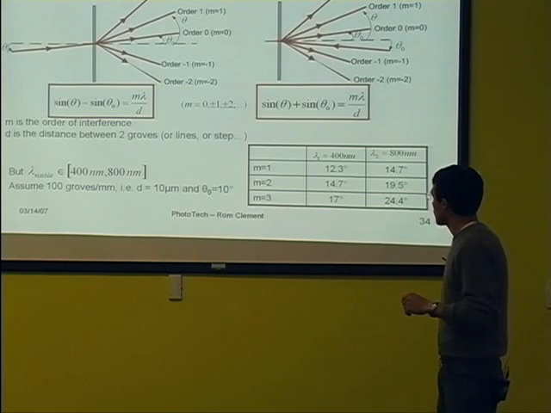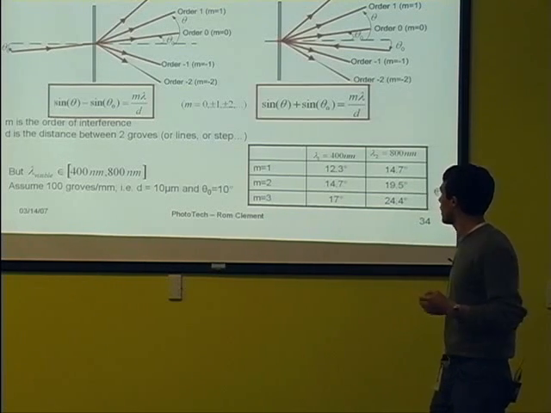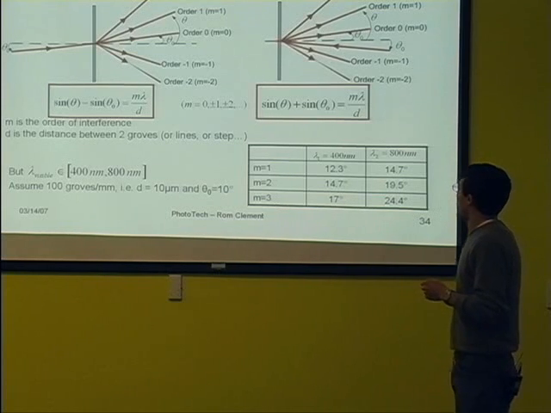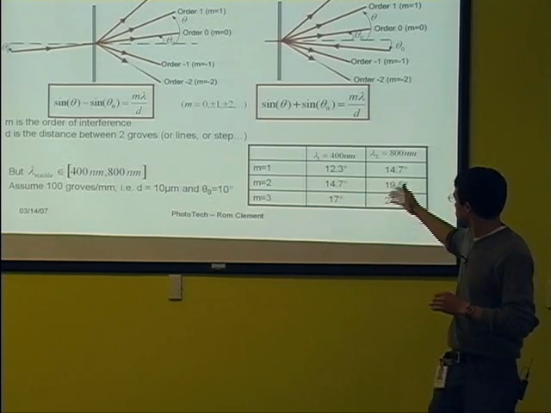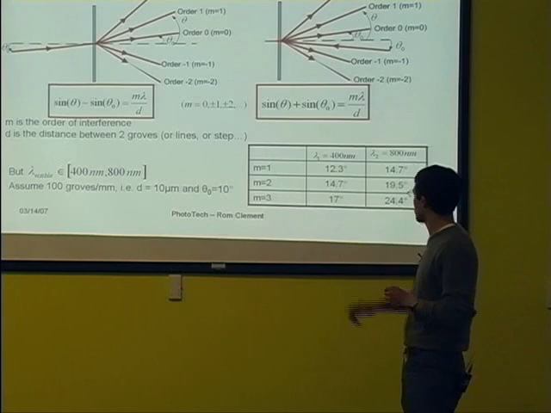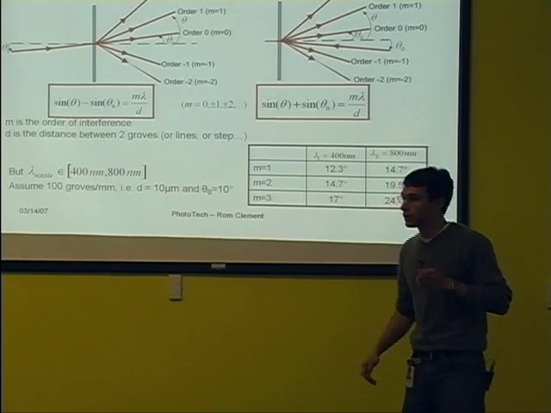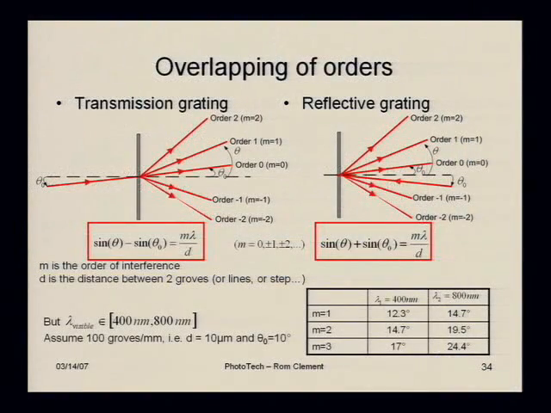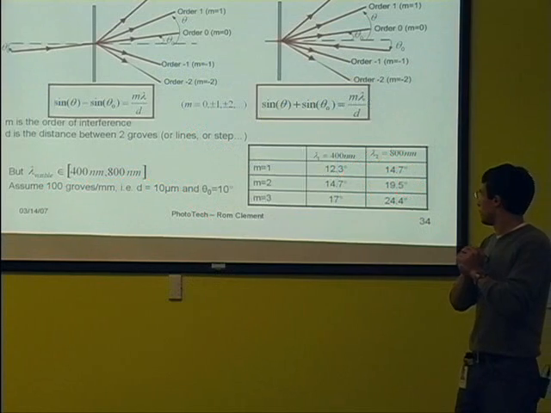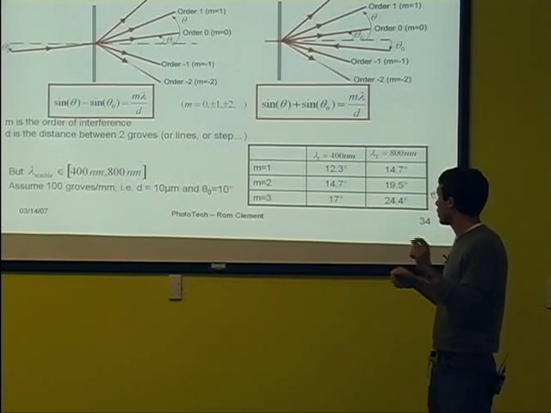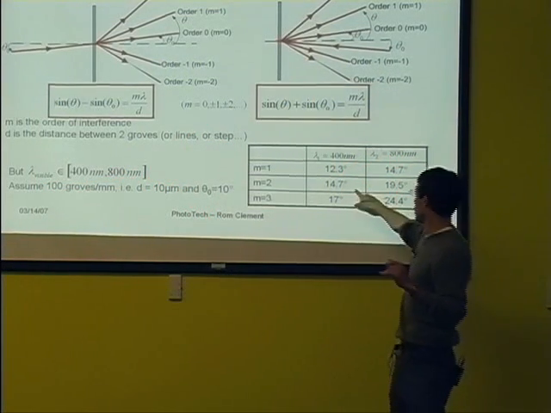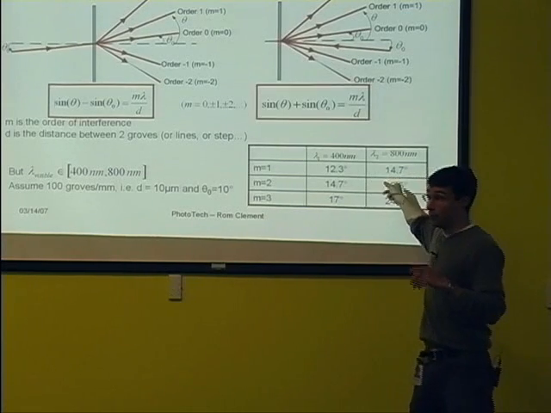So if I'm looking at my first order, M1, my first wavelength, so blue, which would be very, very blue actually, I will see it at 12.3 degrees. My second wavelength I will see it at 14.7. Now, if I'm looking at my order number 2, the first wavelength, so the blue one, will occur at 14.7, so very, very close to my red line.